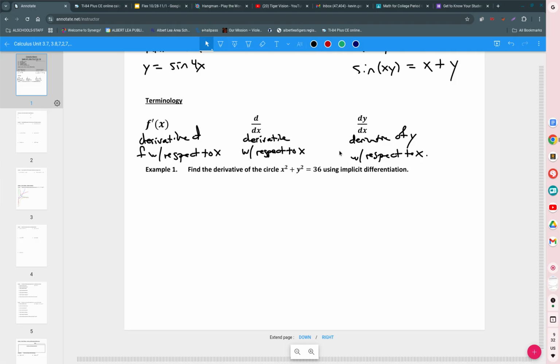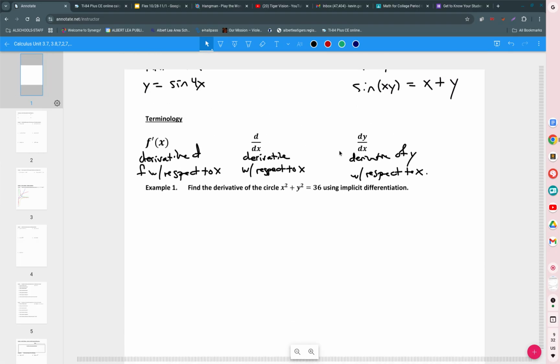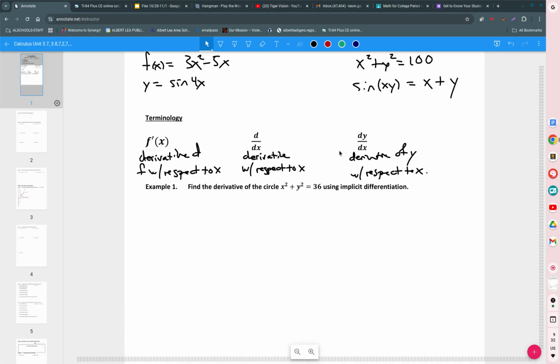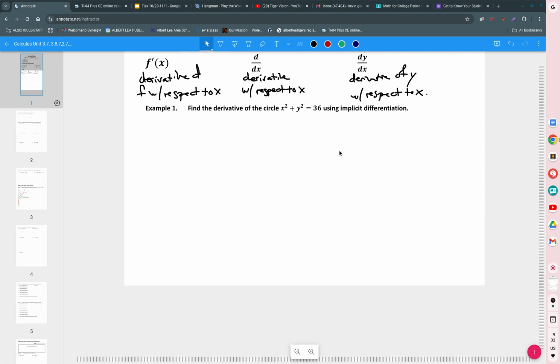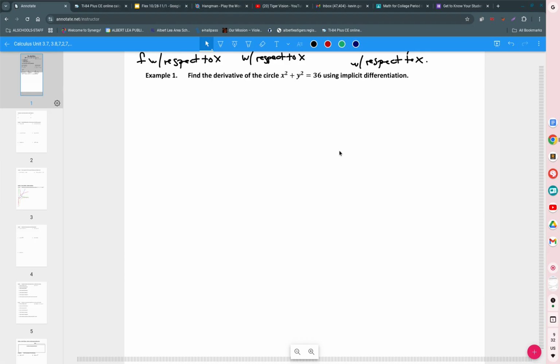So here we go. The derivative of the circle, if you didn't notice, this is a circle: x squared plus y squared is 100. This is centered at 0, 0 with a radius of 6. So we want to take the derivative of x squared plus y squared is equal to 36.